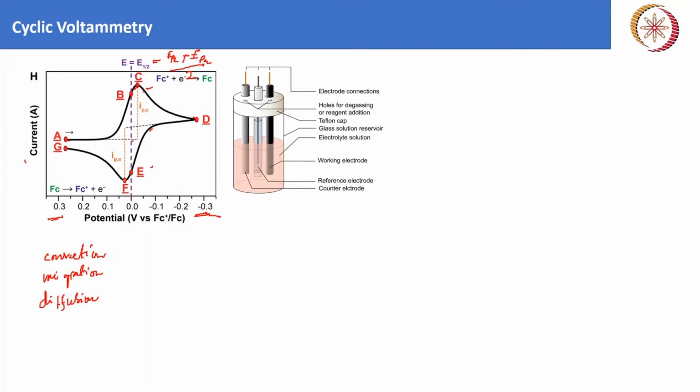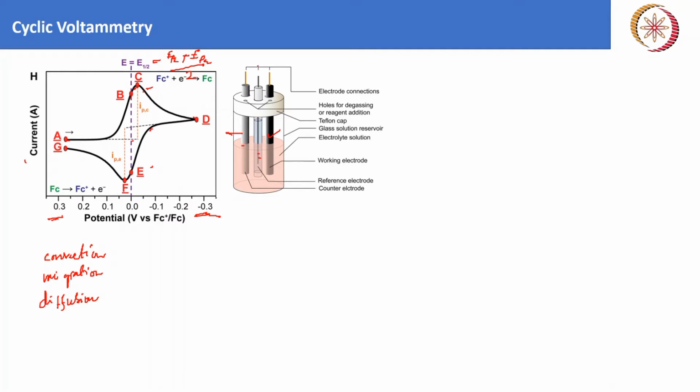All these things we have discussed, and this is basically the electrochemical cell, where you have the working electrode, which is glassy carbon, and this is the counter electrode, and this is the reference electrode. We discussed that the counter electrode's function is to transfer the electron.